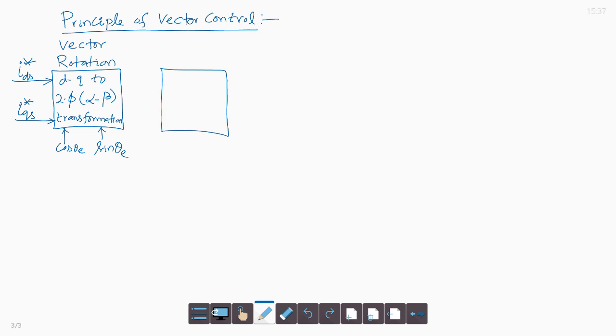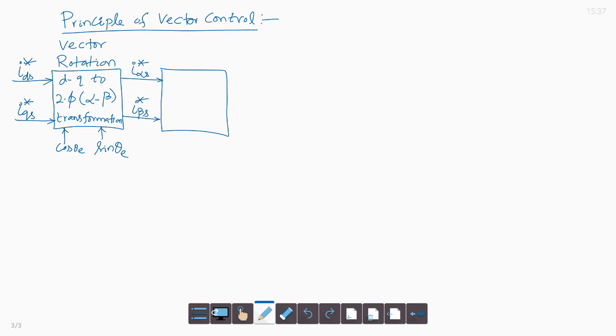This vector rotation block converts the DC quantities to 2 phase components in alpha beta frame. Those are I alpha S star and I beta S star. These are 2 phase currents in alpha beta frame.